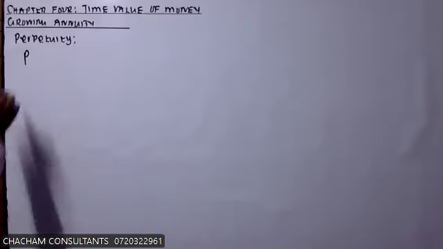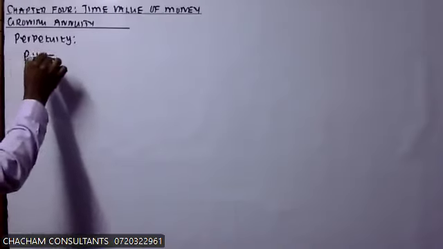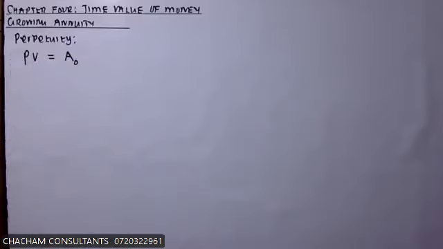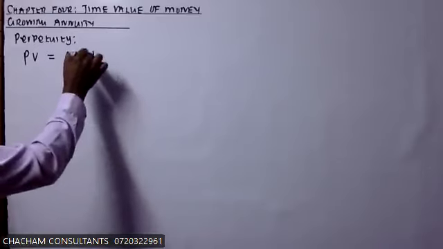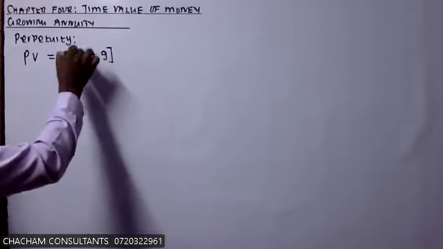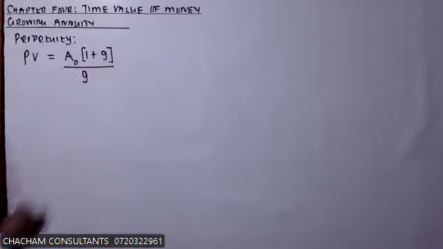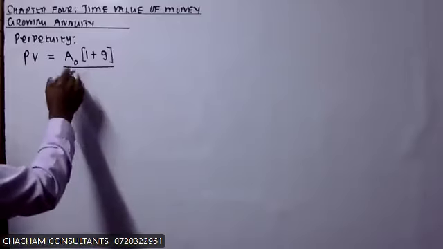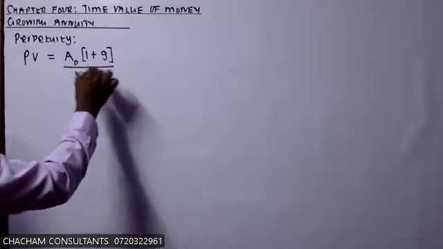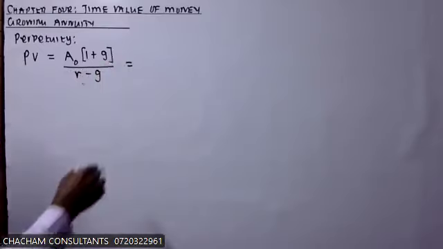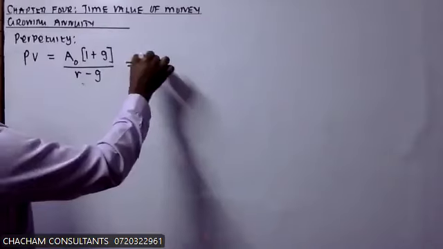The present value is the annuity A naught times 1 plus G, you divide by R minus G, and this one is given as A1 over R minus G.